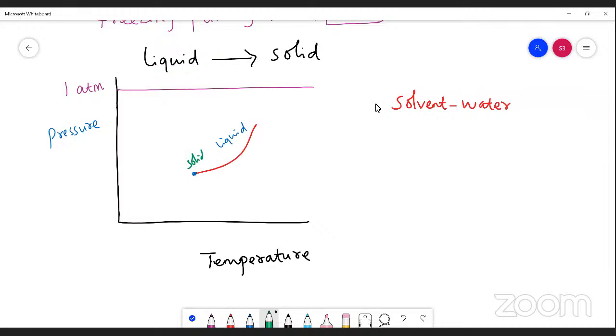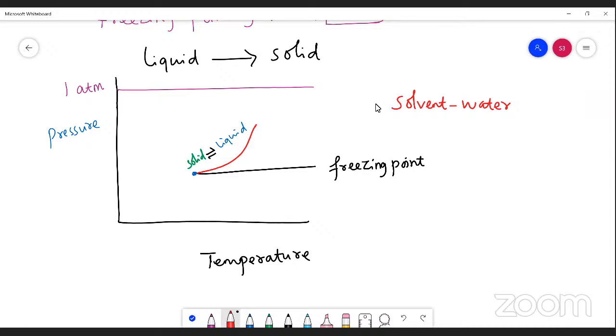So it is understood there exists an equilibrium between solid and liquid at this place. This point only is named the freezing point. This is called the freezing point.